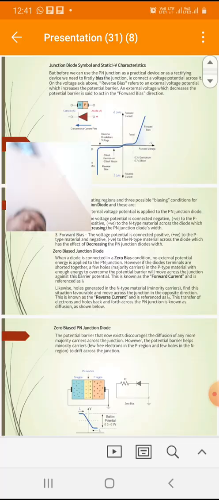Now I'll take out the screen, children. So a junction diode symbol and static IV characteristics you will study. Before we can use the PN junction as a practical device or as a rectifying device, we need to firstly bias the junction.